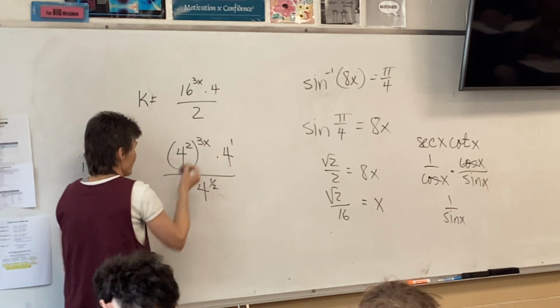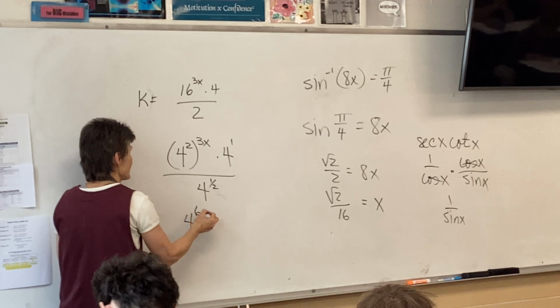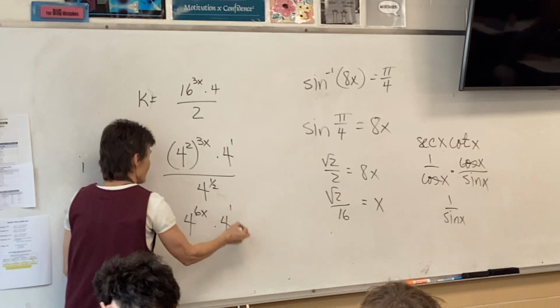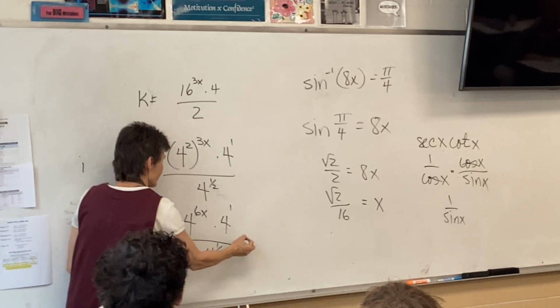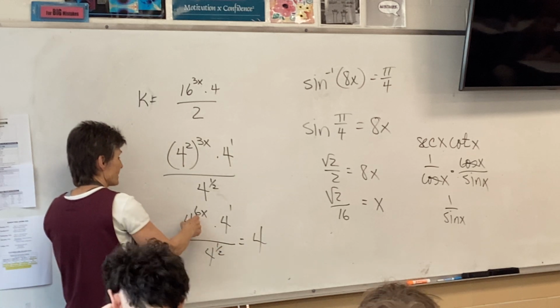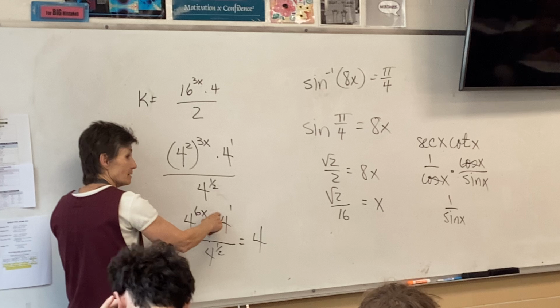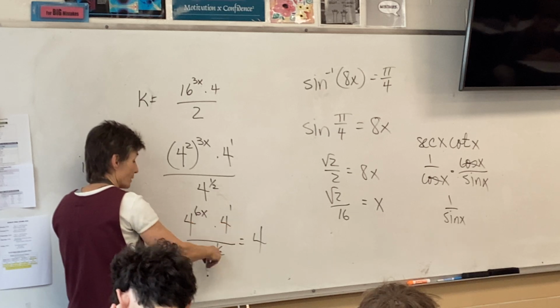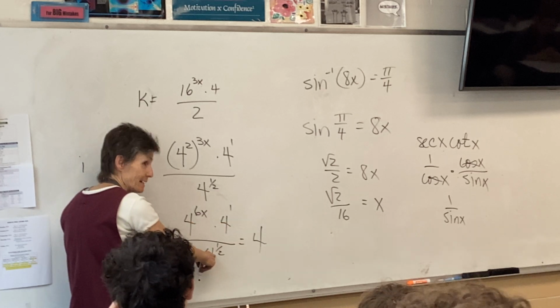So now these are going to get multiplied. So I have 4 to the 6x times 4 to the x over 4 to the 1/2. All right, 4 to the what? 6x plus x minus 1/2.